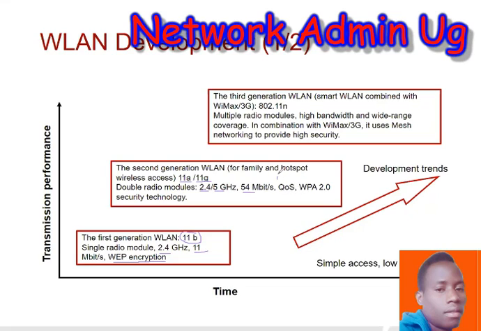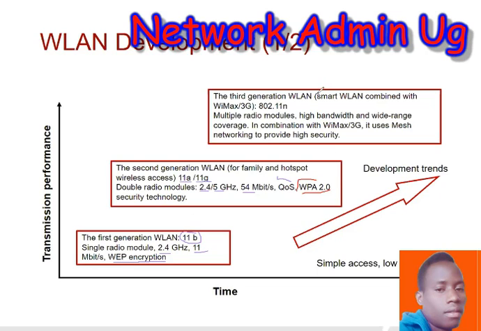Now they have capabilities of having what we call quality of service being implemented, and also security encryption of WPA, okay, which is one of the privacy authentication security mechanisms. We shall look at all of these in detail as we move on to the security technologies.